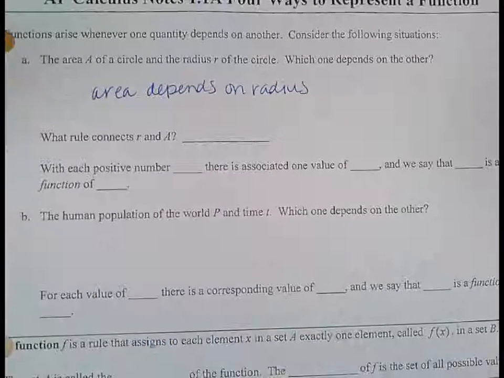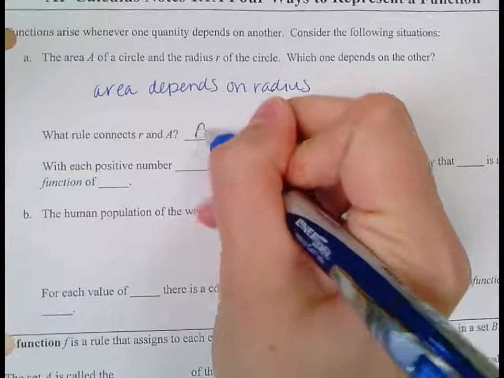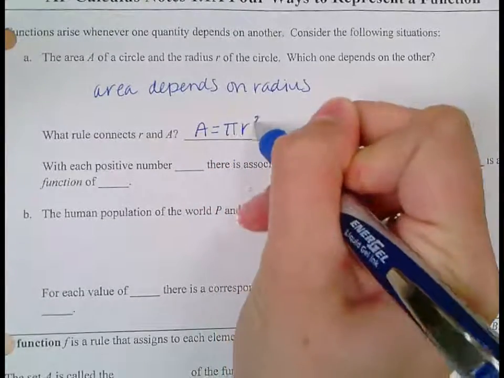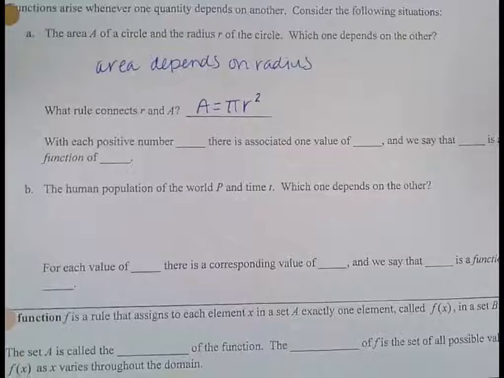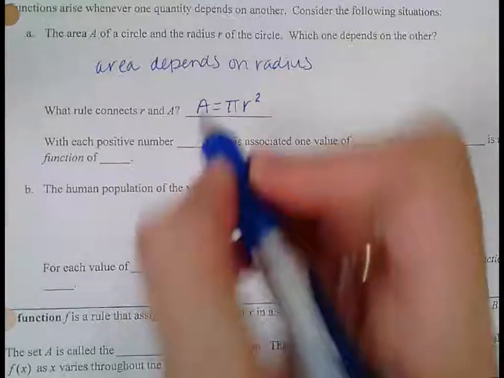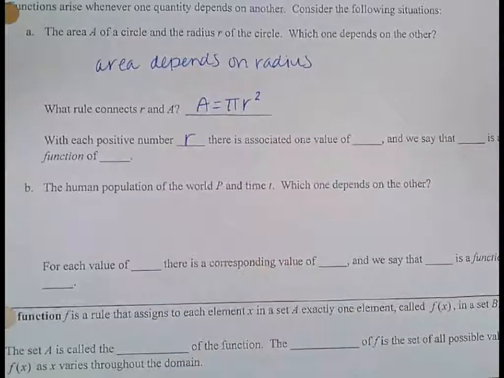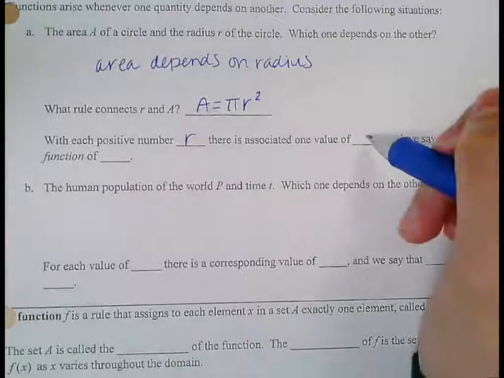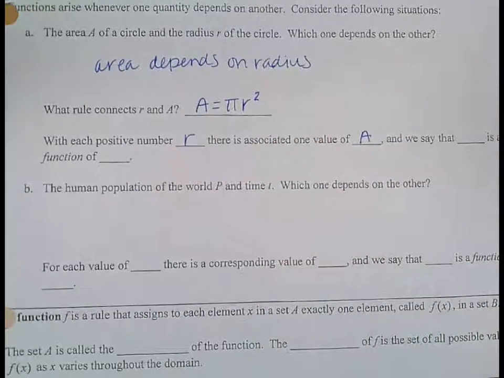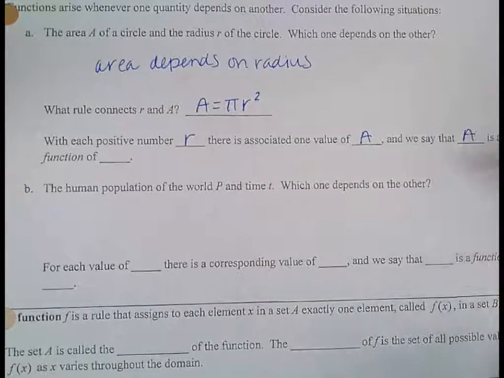So the rule that we have for connecting radius and area of a circle, the formula for the area of a circle, is A equals pi r squared. So looking at that, with each positive number r, there is associated one value of A, and we say that A is a function of r.